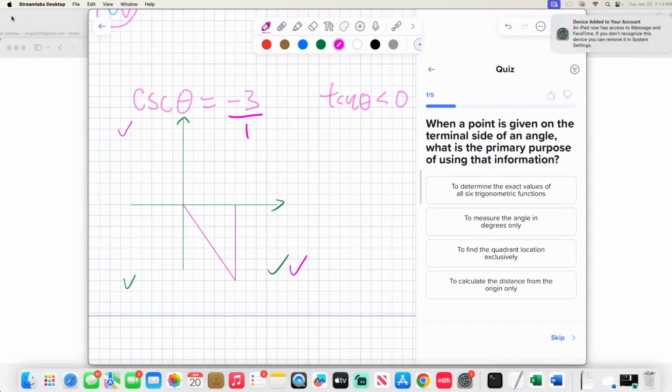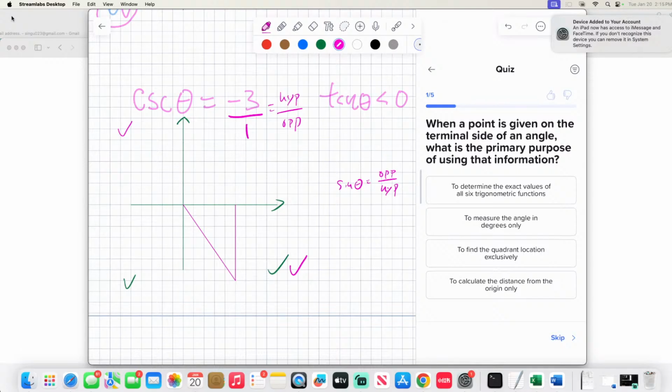We know sine theta is opposite over hypotenuse. So what's cosecant? Hypotenuse over opposite, right? Does that make sense? I don't understand that. What do you mean hypotenuse over opposite? Because remember sine theta is equal to opposite over hypotenuse.